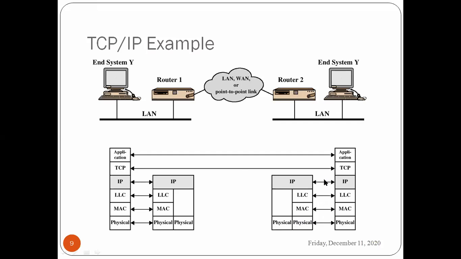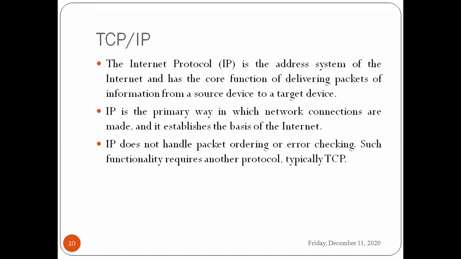How do we send the data from one layer to another layer? Each and every layer is responsible for a data header: where it is coming from, where it is going, and what the size of the data is, everything we have to mention. Now I will show you what the header format is.